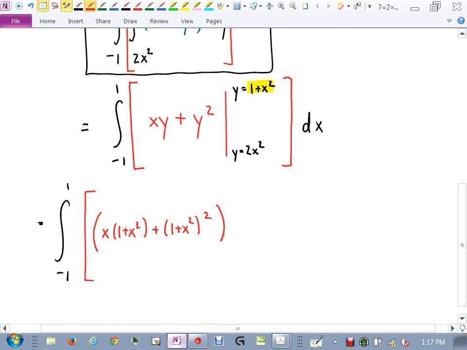And then I subtract from that what I get when I plug in the lower limit for y. So what happens if I plug in 2x squared? I get 2x cubed, and then plus 2x squared, all of that squared, so 4x to the fourth. And then I'm going to figure out what that is, and then integrate that with respect to x.